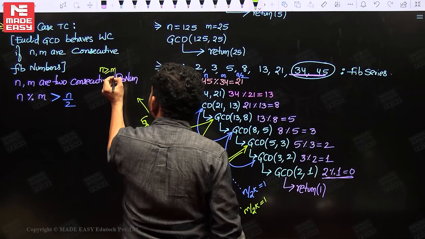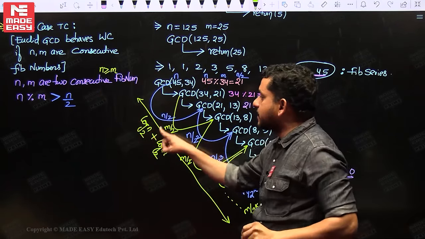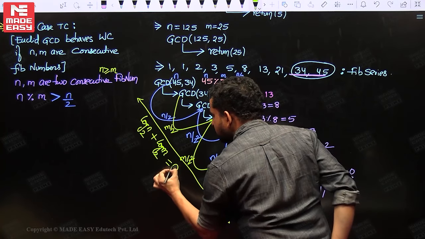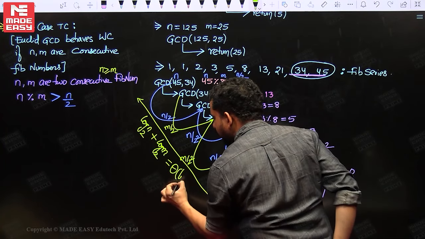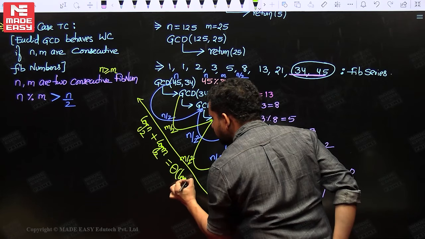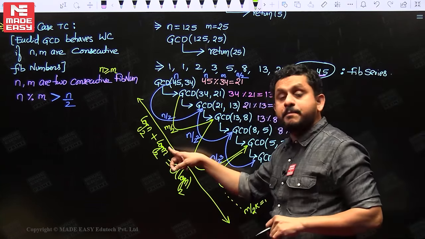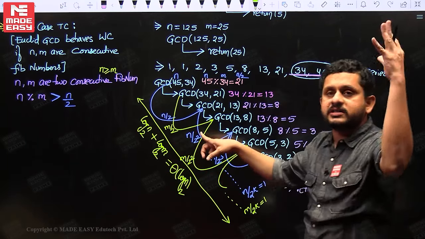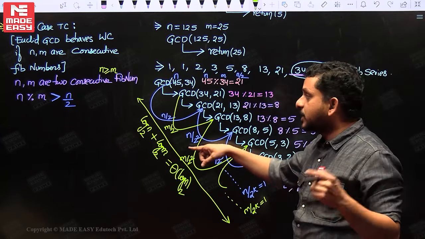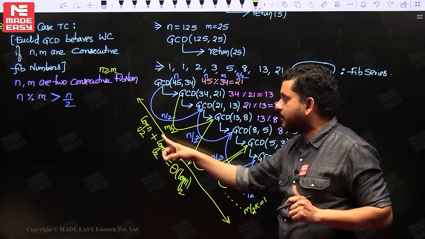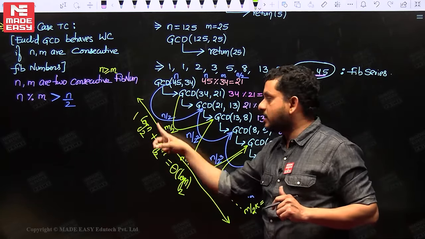If n is greater than or equal to m, then log n becomes the leading term, and this cost becomes order of log n. This is the worst case time complexity of the Euclid GCD algorithm. Log n plus log m is the total number of function calls, or depth of recursion. Each function call requires constant time, so the total cost is log n plus log m, but log n is the leading term.